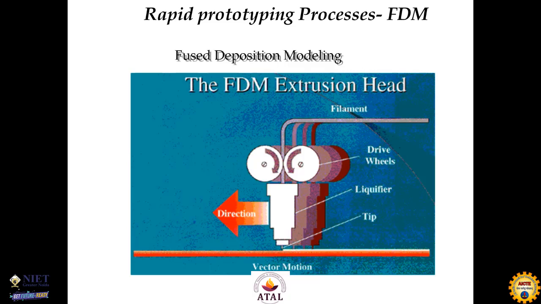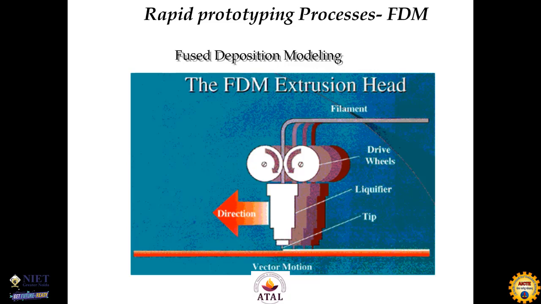Before the nozzle there is a liquefier, or hot region, where this filament is heated to around 200 degrees centigrade depending on the material. The range is from 180 to 300 degrees depending on the type of material. For PLA we need a range of 180 to 220 degrees centigrade.